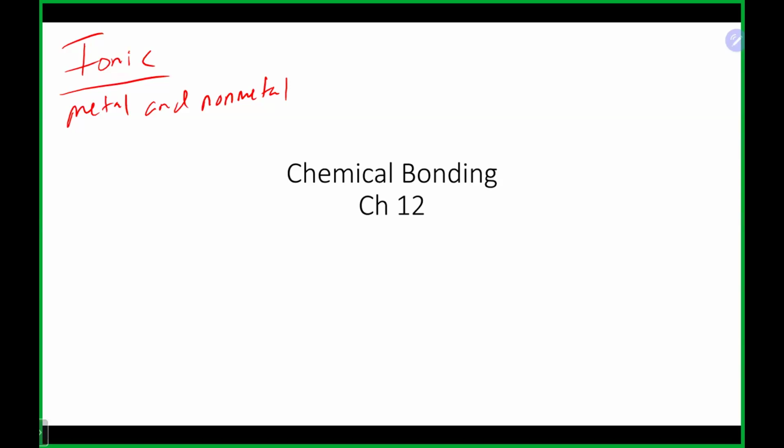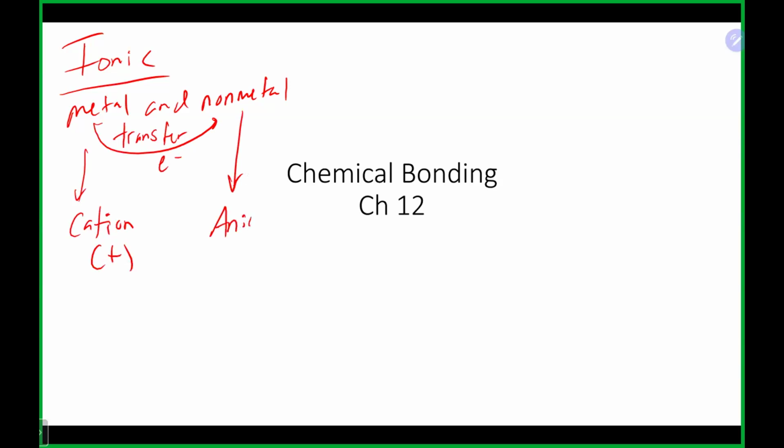They want to gain electrons. So as we'll talk about in this chapter, what happens when we get both of those guys together, because they are on opposite extremes of the periodic table, we do get a transfer of electrons from the metal to the non-metal. And that's what's going to create our cation, which again is our ion with a positive charge, and our anion from the non-metal, which is created as it accepts those electrons along the way.